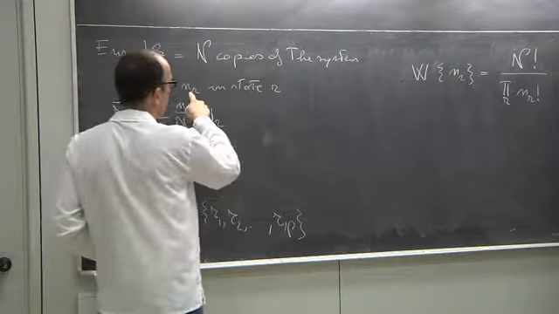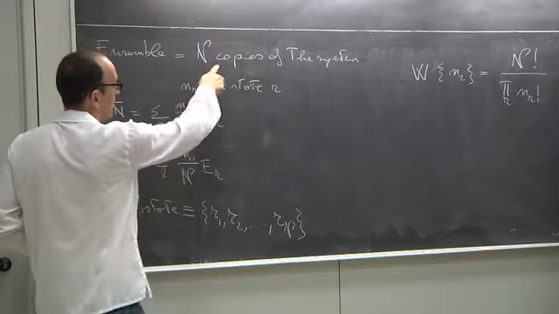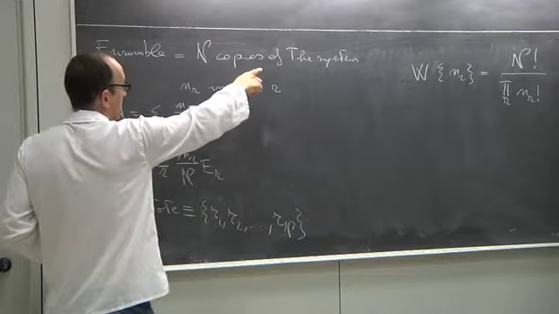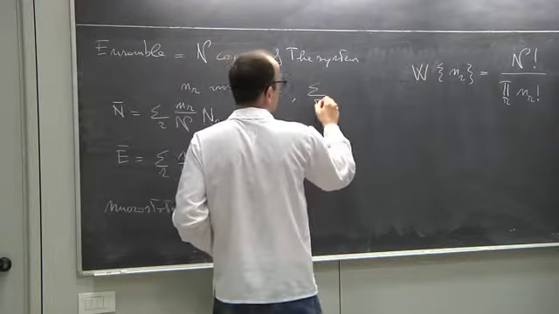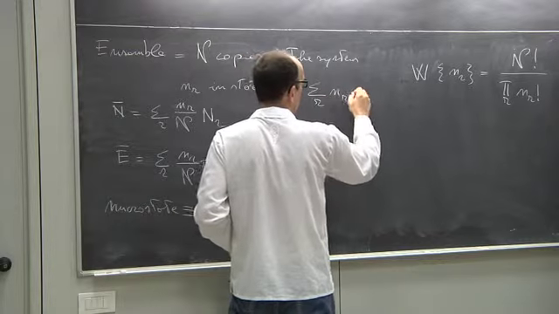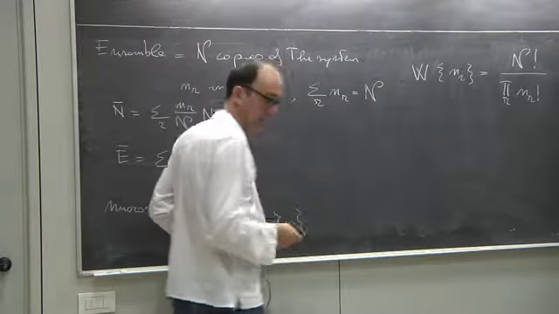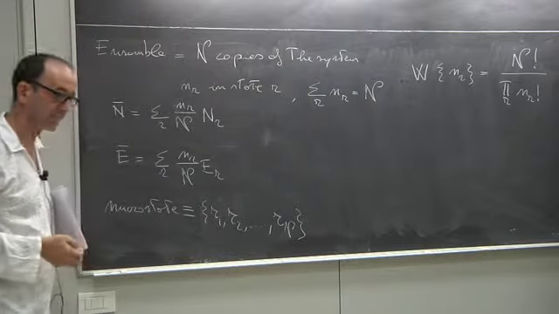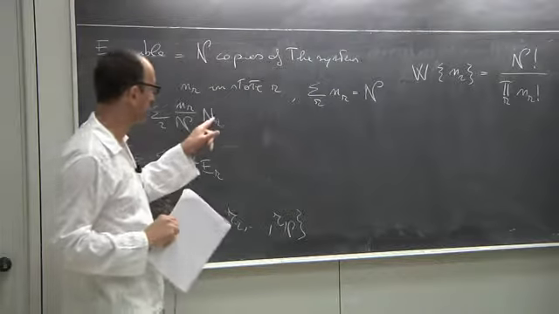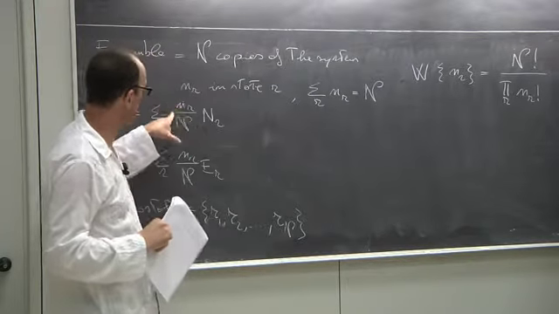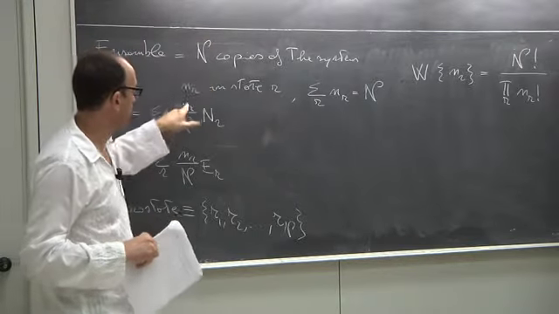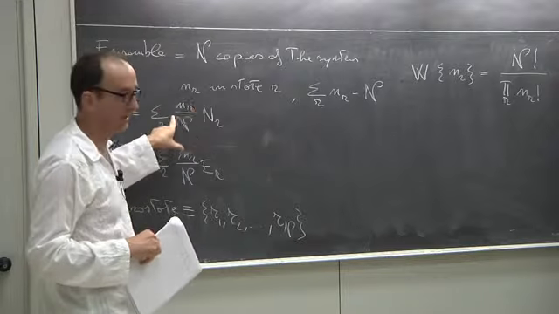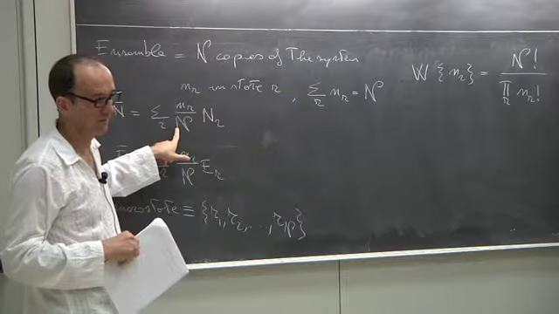And this NR is the number of copies in the ensemble which are in state R. So of course the sum over R of NR is equal to this curly n, so that the probability that one copy is in state R is NR over n.